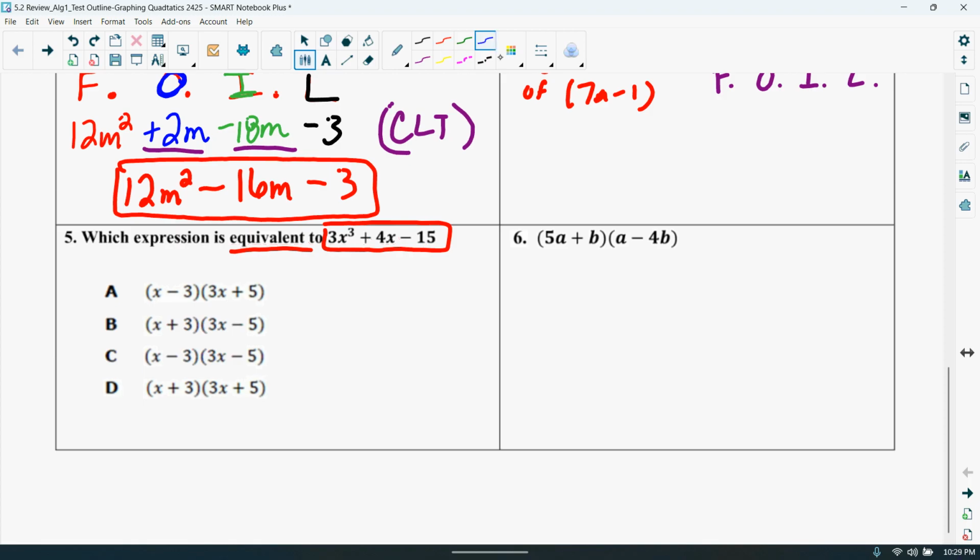Okay, so then I'm just going to do the FOIL. So FOIL means we're multiplying the first terms together. So that would give me 3x squared. The outer terms, that is 5x. The inner terms, negative 3 times 3x is negative 9x. And the last term, negative 3 times 5, that's negative 15.